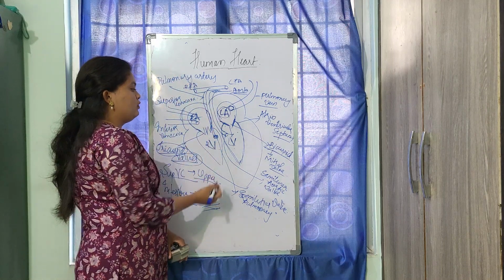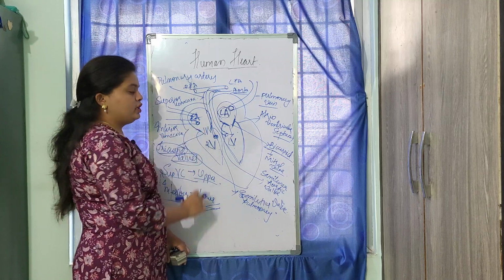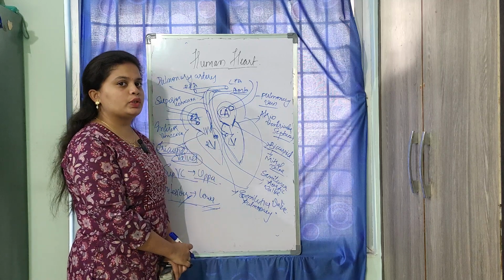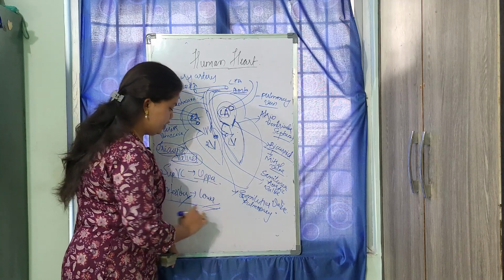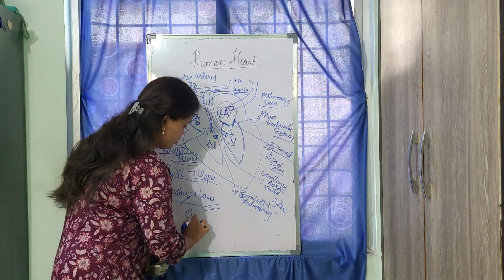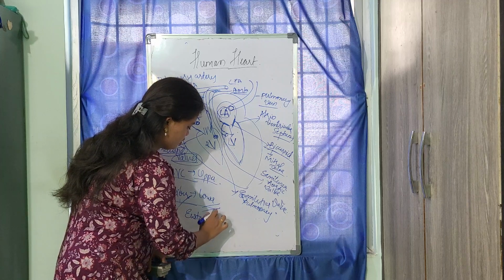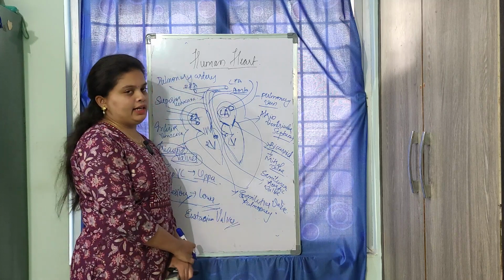There is another valve which is at the end of this inferior vena cava. It will stop the backflow of blood from the heart to the lower parts of the body. And this valve is called the eustachian valve. These are some of the valves that your heart has.